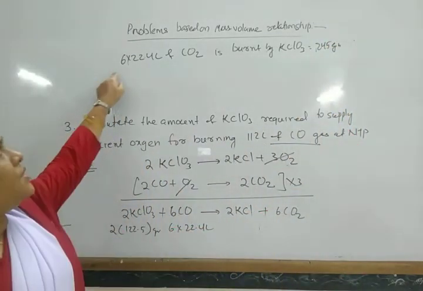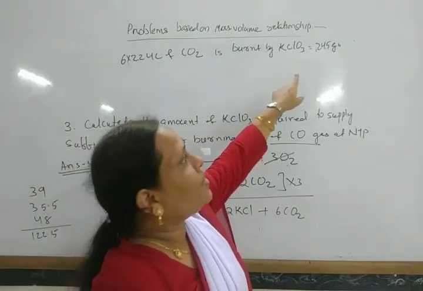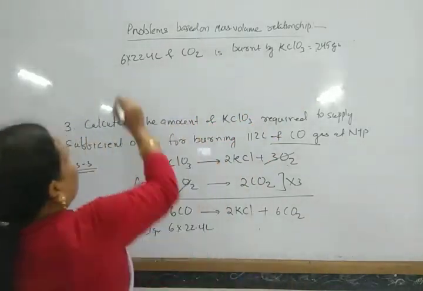So 6 into 22.4 liter of carbon dioxide is burned by potassium chlorate, 245 gram.